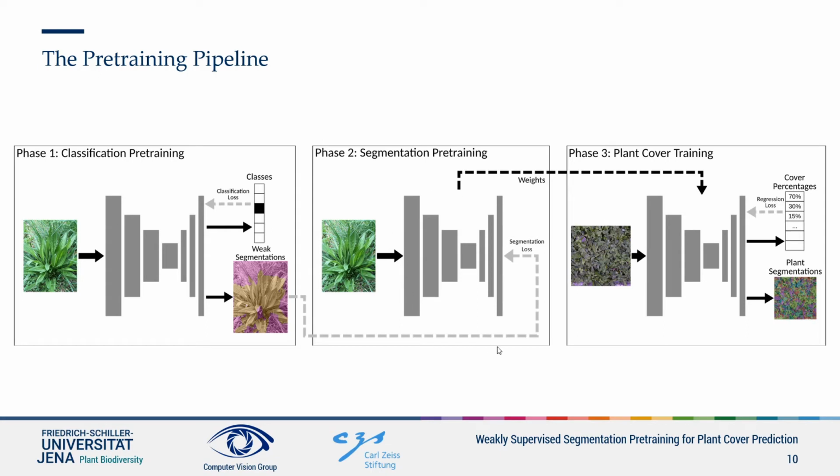And the weights of this network are then simply used in the third phase, where we apply the plant cover training and utilize a regression loss on the plant cover percentages. And this network is then able to output the respective cover percentages as well as the aforementioned segmentations.